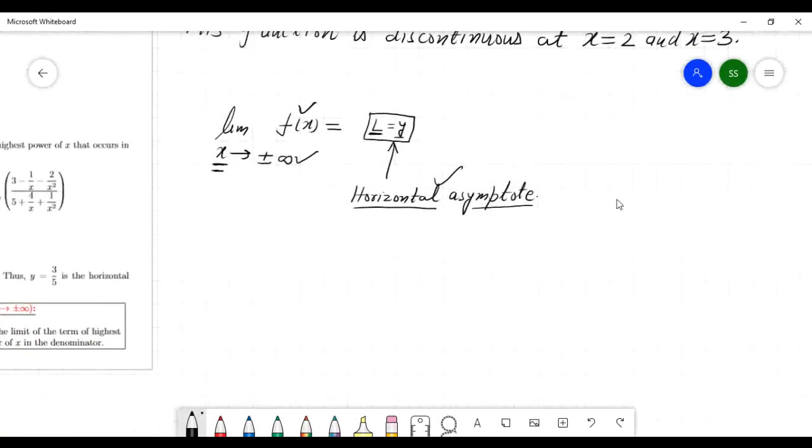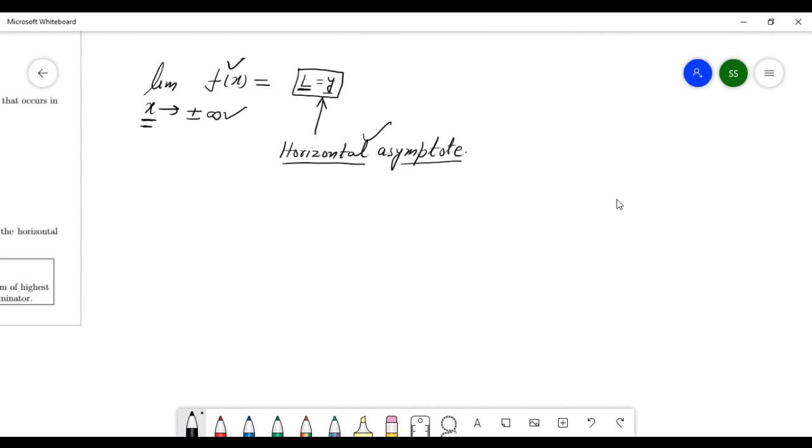Let me write here one small example. See this limit: x goes to positive infinity of 1 over x. This is 0. Okay, now see this condition. Here x goes to positive infinity and the function goes to L. Here L is 0.